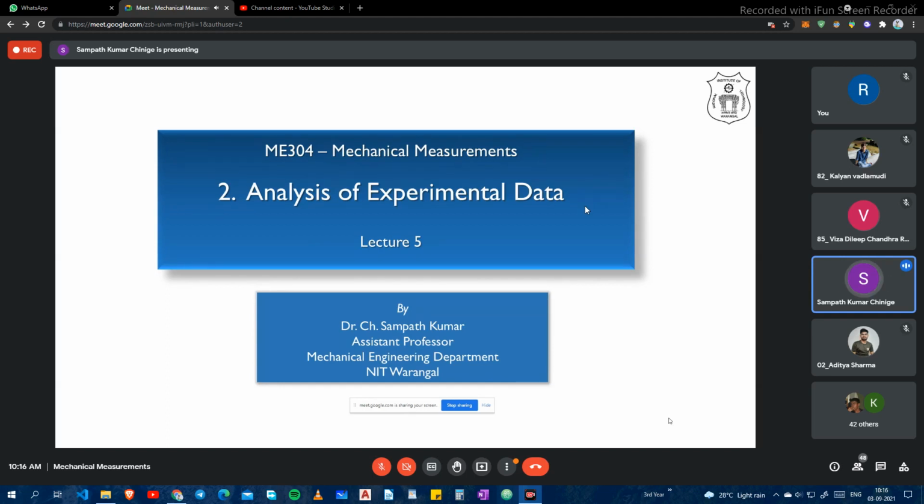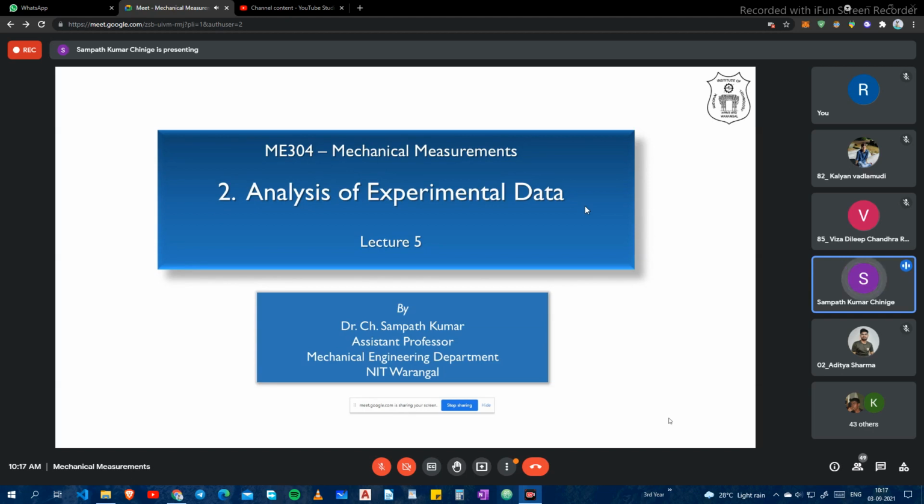How do you do that? Any instrument over a period of time will be subjected to wear and tear, and therefore there may be some error that comes into the picture. So how do you know whether this measurement system is precise, accurate or not?